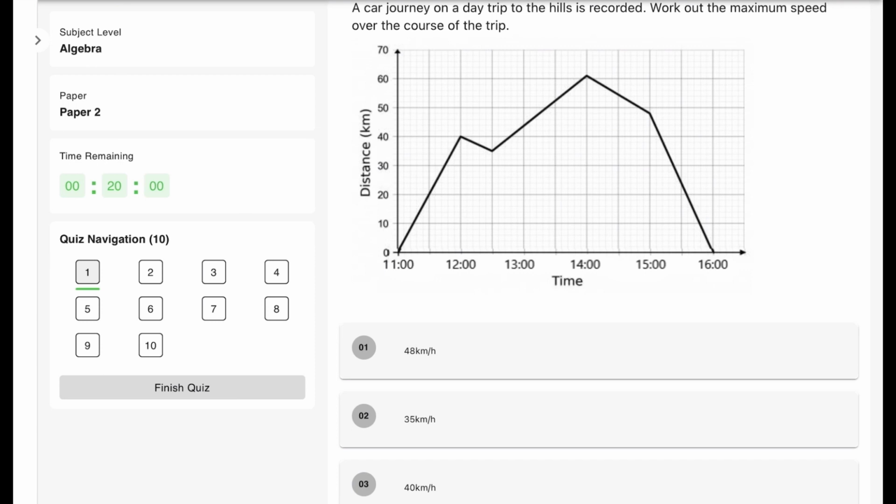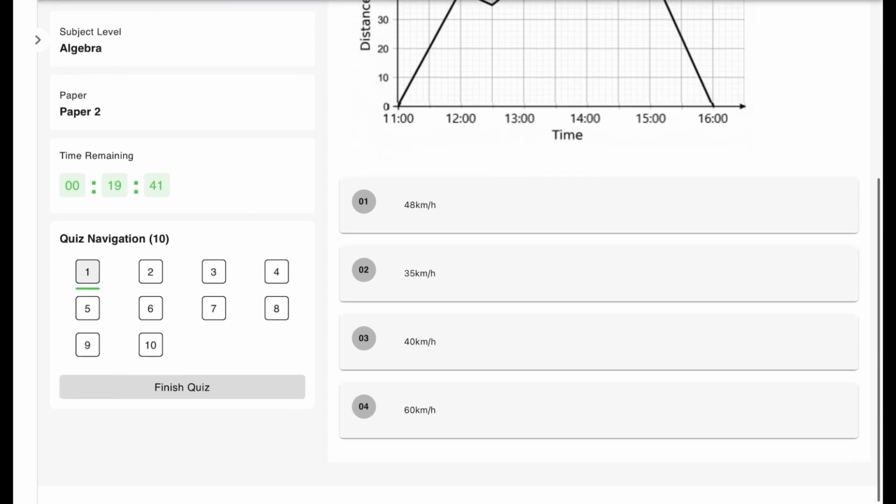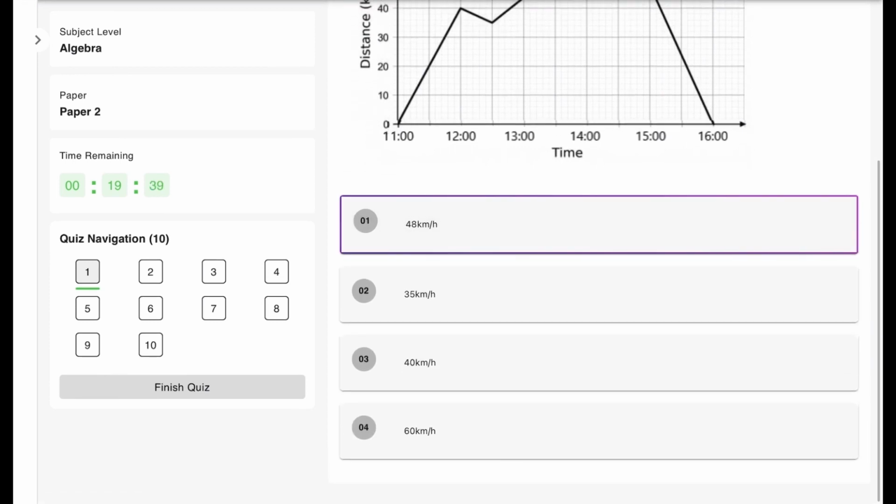The steepest line seems to be this one here, where in 1 hour this person has gone roughly 48 kilometers. So if you look at the options, it is option number 1.